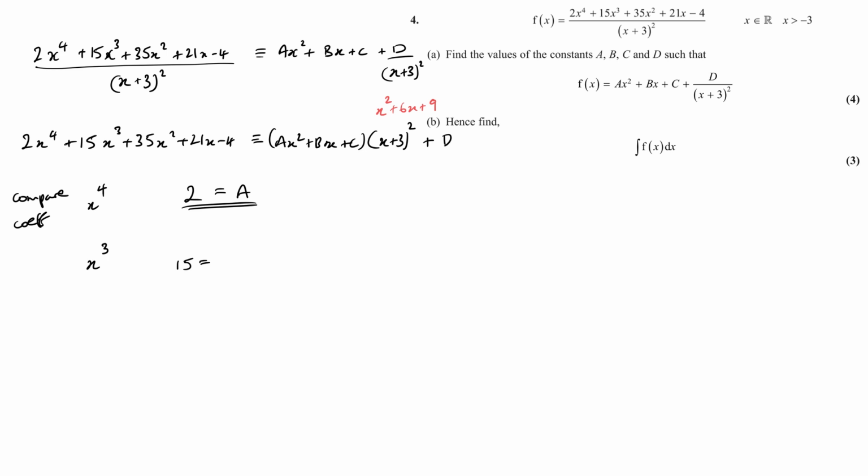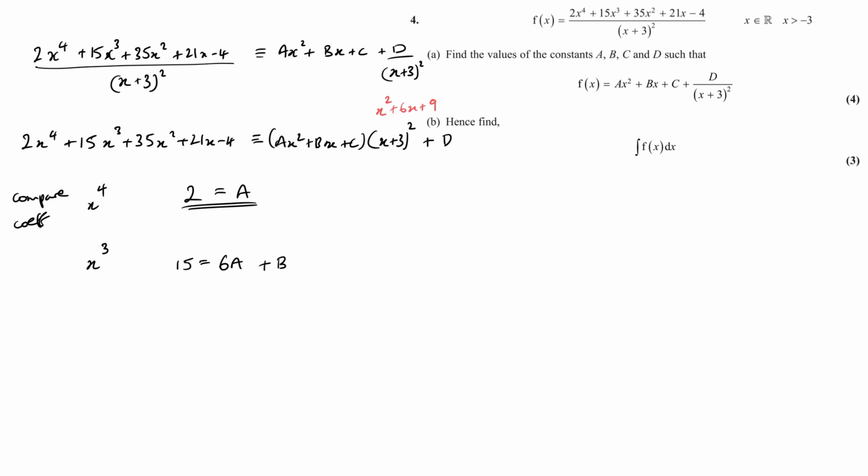But when I come to the right hand side, there's a couple of different ways I can make x cubed. I can have this ax squared times 6x, so that would be 6ax cubed. But also I could have had bx times x squared, which would be bx cubed.